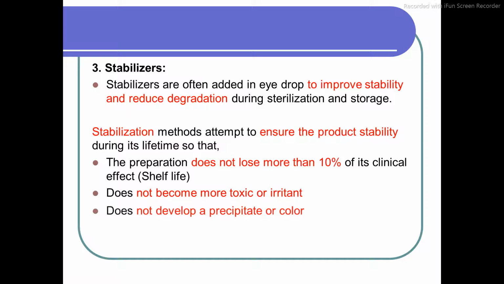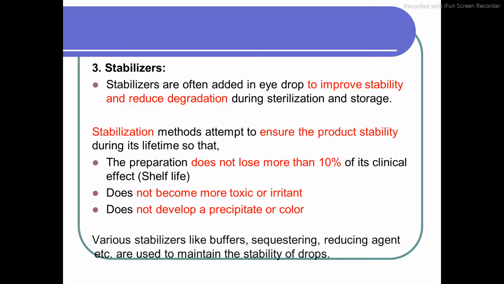Then in some cases, because of a chemical reaction between your drug and other additives, there may be formation of precipitate or a change in color. So this type of formation of precipitate or color change is again an indication of chemical reaction or chemical degradation. So that's why we have to make sure that the drug should not lose more than 10% of its original amount, does not become more toxic or irritant, and does not develop a precipitate or color throughout the shelf life.